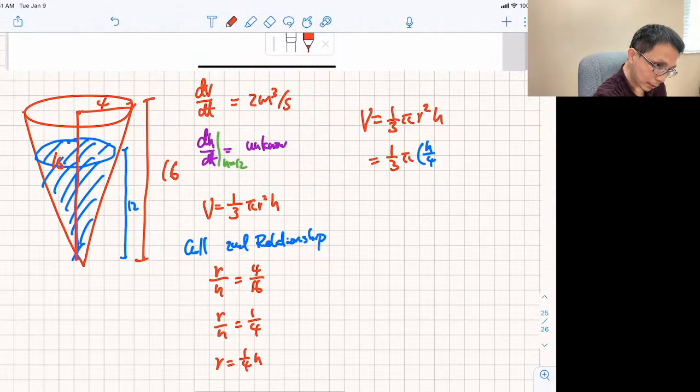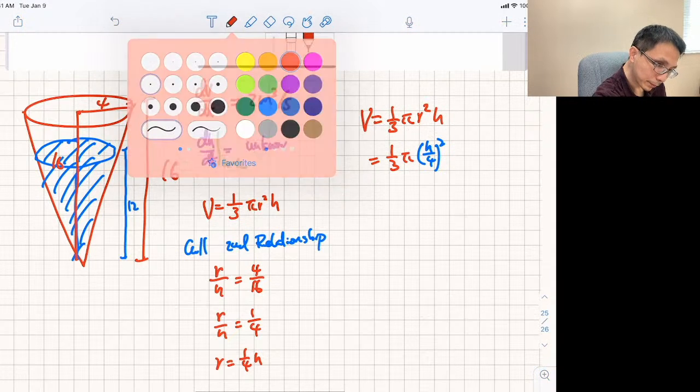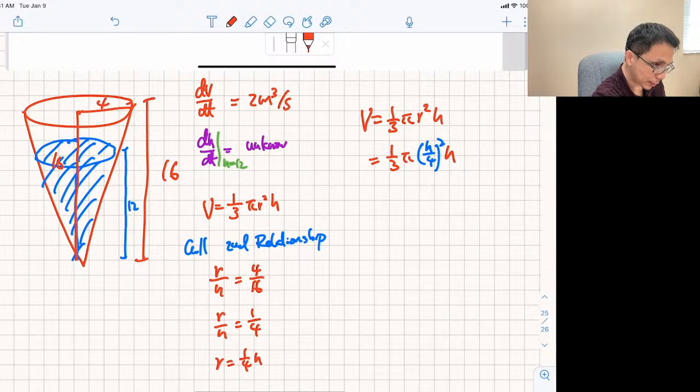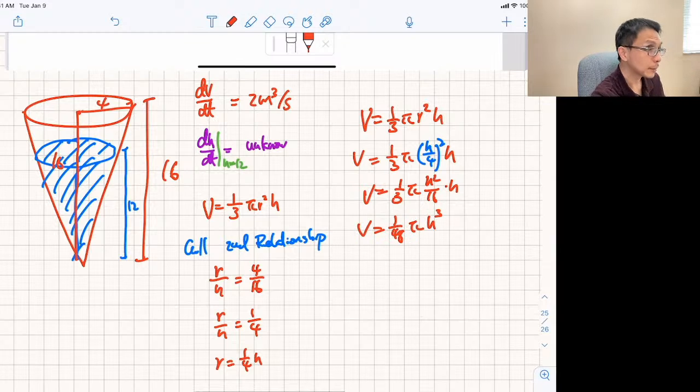So I basically just substitute the r. And then I'm gonna simplify it. That means the top squared and the bottom squared, so we get h squared over 16 times h. So 1 over 3 and 1 over 16 is 1 over 48 pi h to the third, V.